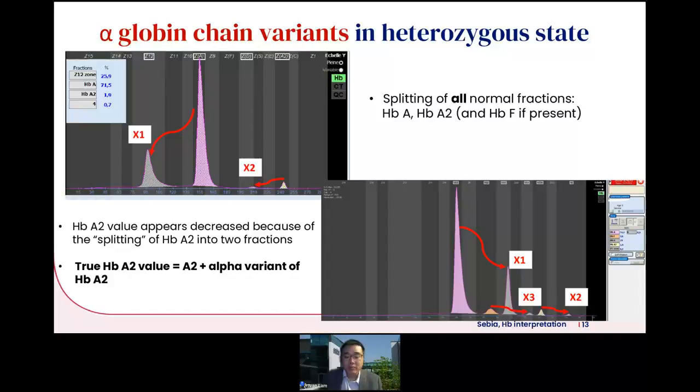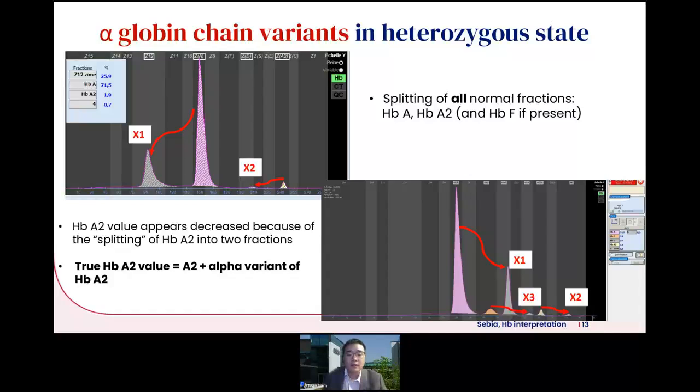You can attribute this to the same chemical change that's being done to every hemoglobin. Therefore, the splitting and the shifting is equidistant. So whenever you want to make a diagnosis of alpha globin chain variants, this equidistant shifting and splitting is something that's very signature to alpha globin chain variants.